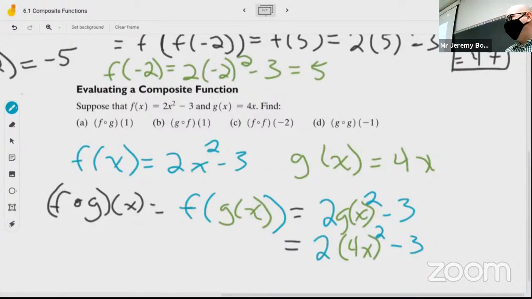Any questions on that? I'm just trying to stop and make sure nobody's lost as we go along. If you get lost on one step, kind of game over unless you catch it back up.